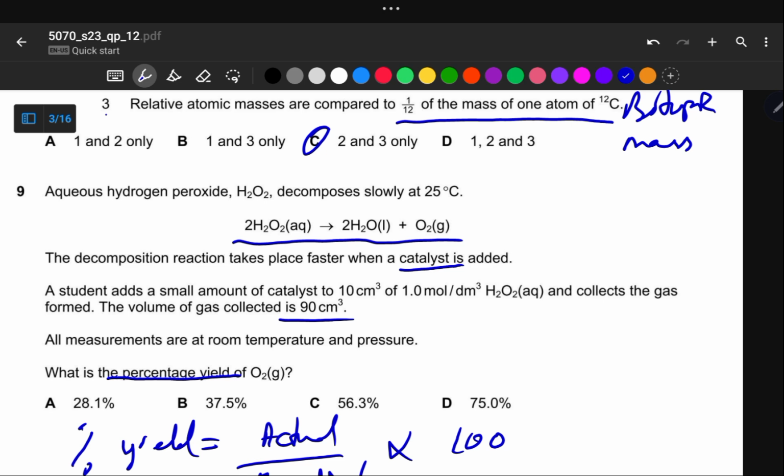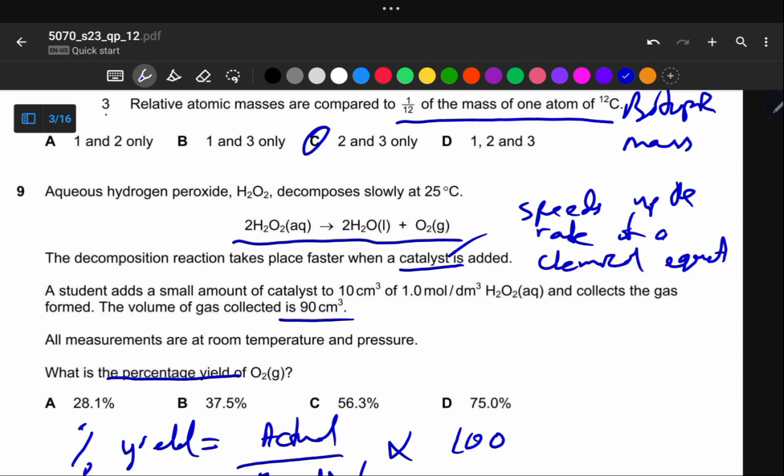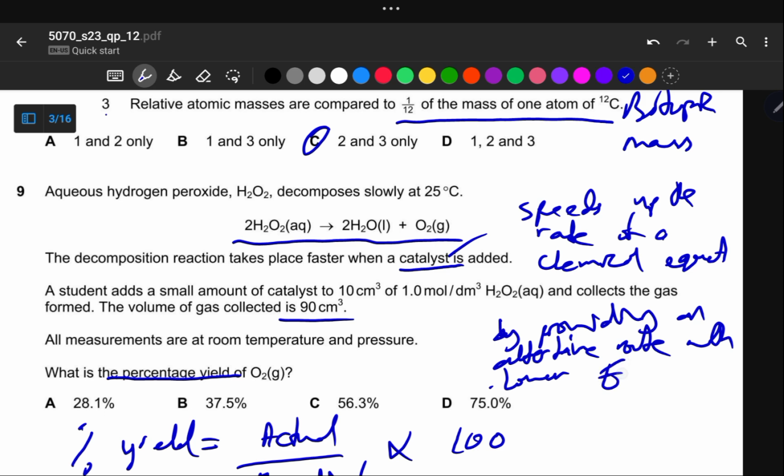The term catalyst: a catalyst is a substance which speeds up the rate of a chemical reaction by providing an alternative route with lower activation energy, right?